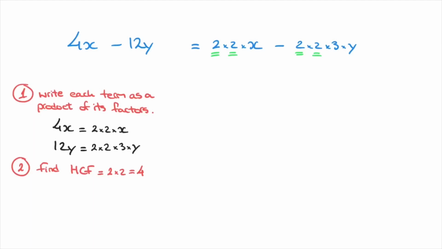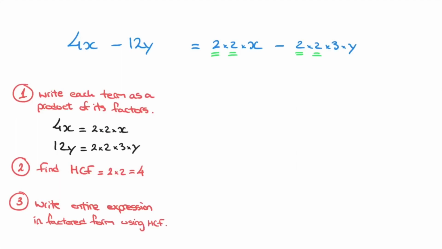We now move on to the third step, step 3, and in step 3 we write the entire expression in its factored form using the highest common factor that we found in step 2, which in this case is 4. So I'll just say write entire expression in its factored form. Here's how we do that. We state that this equals the highest common factor, so that would be 4, times, in parentheses, everything from each of the two terms that we didn't underline.